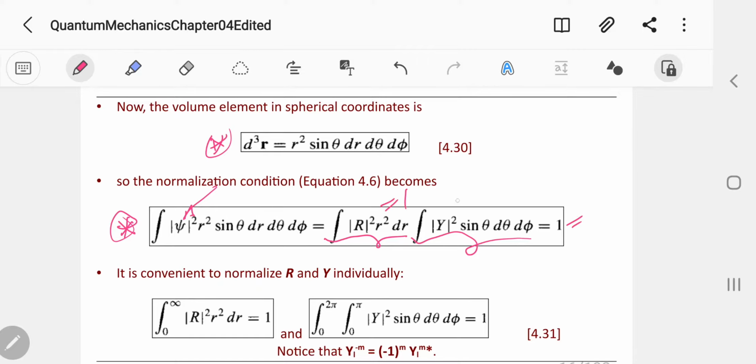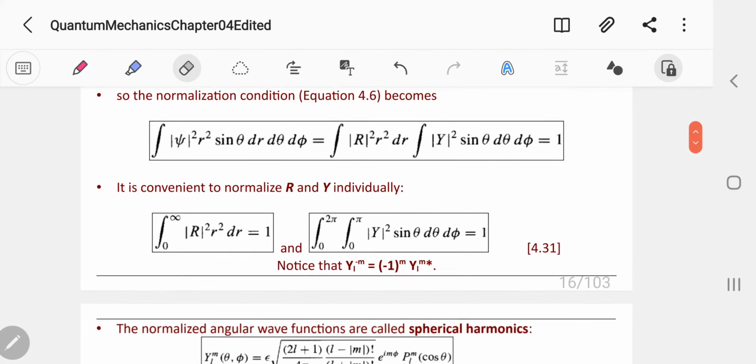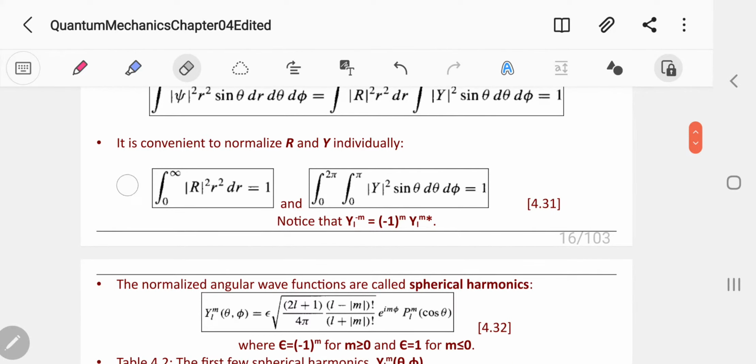This is equal to 1, and also this one is equal to 1. You have this, and you also have this one. Of course, when you integrate over all of space, your radius should be from 0 to infinity, your phi from 0 to 2 pi, and your theta from 0 to pi.